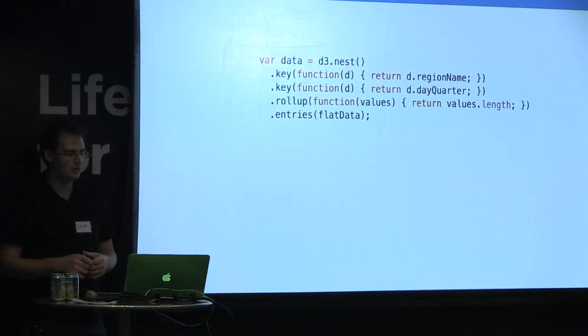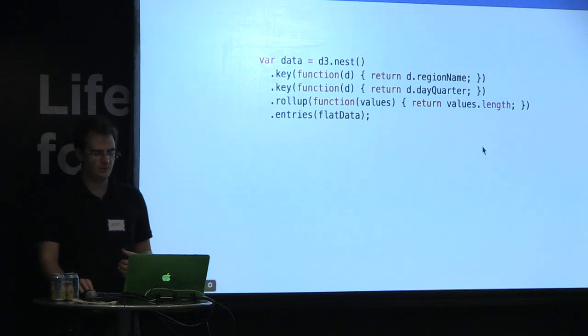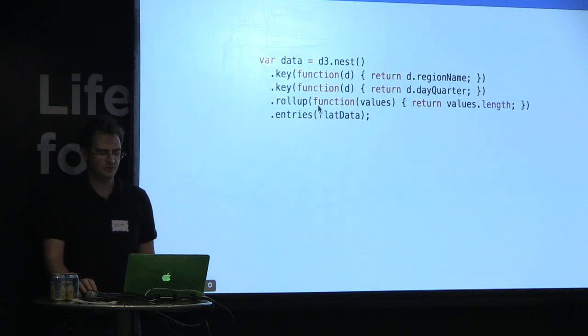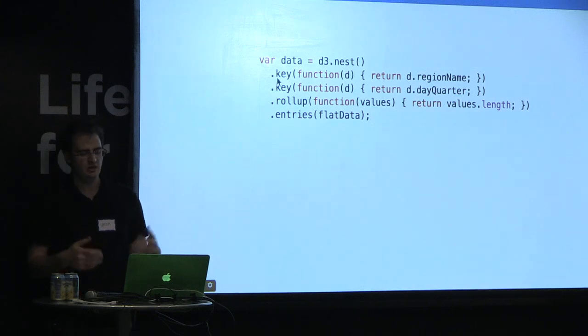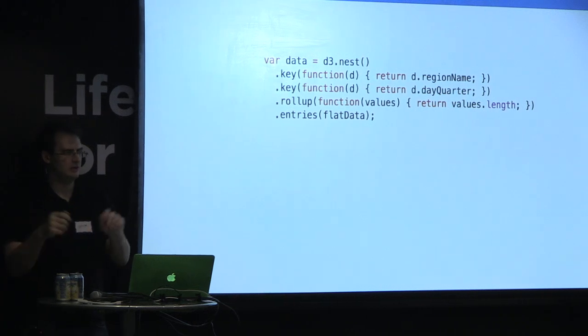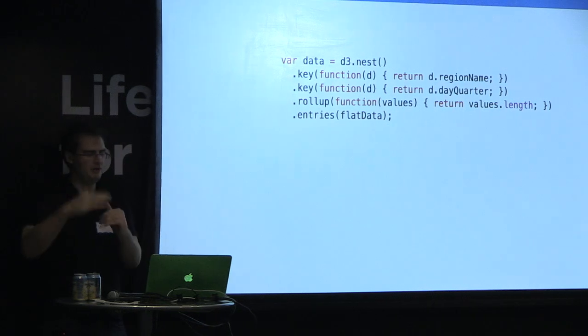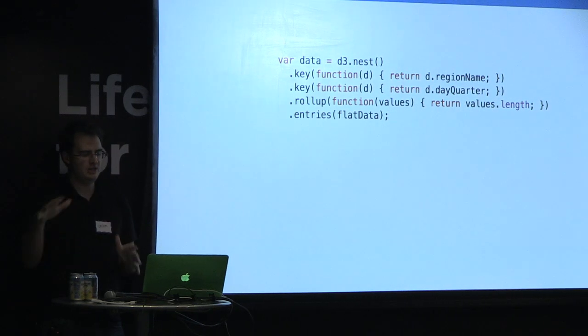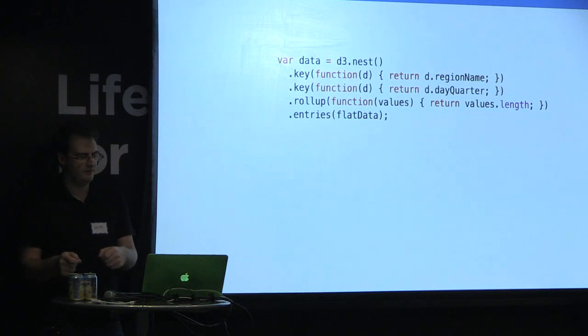It calls split key, and it calls apply rollup. So go figure. But basically, you do d3.nest, and you say, key region name. My key is the region name, so group everything by region name. And then within that, do something with the raw events.